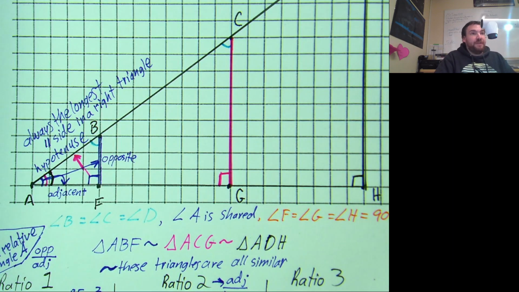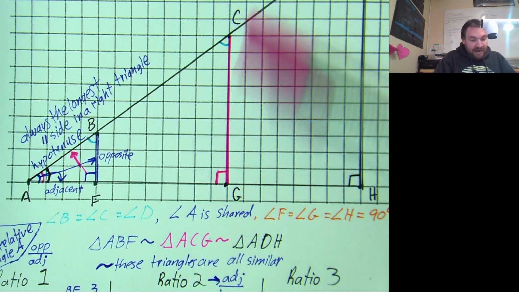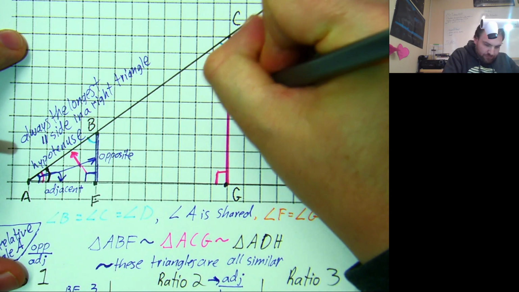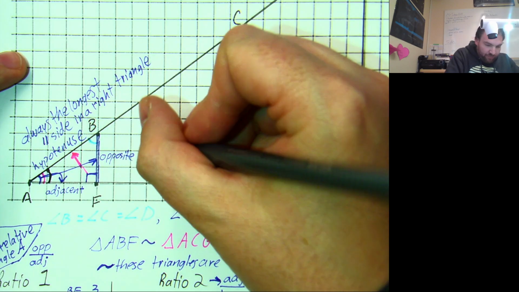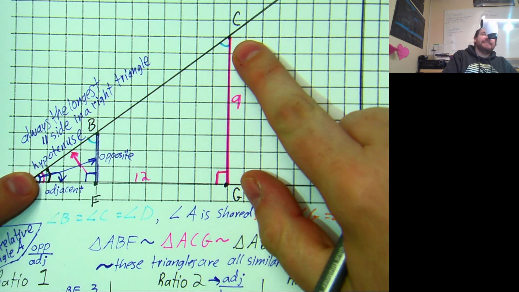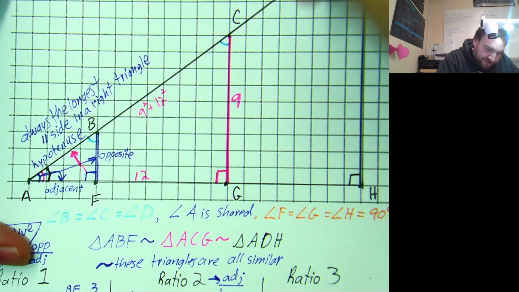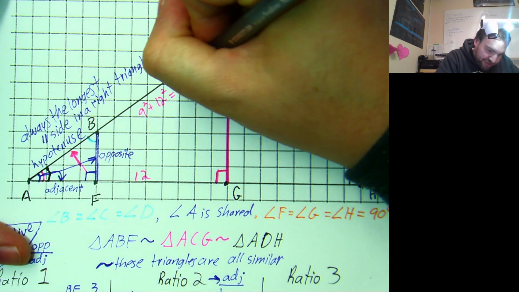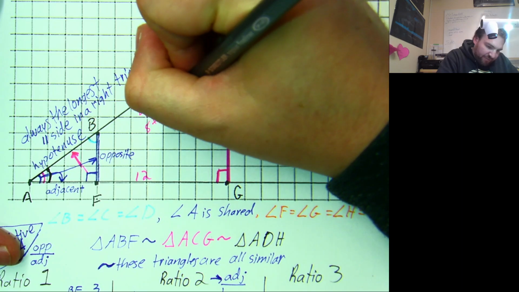So let's use Pythagoras for it. CG we said was 9. AG was 12. So then to find AC, we're just going to do 9 squared plus 12 squared equals c squared. 9 squared is 81. 12 squared is 144.